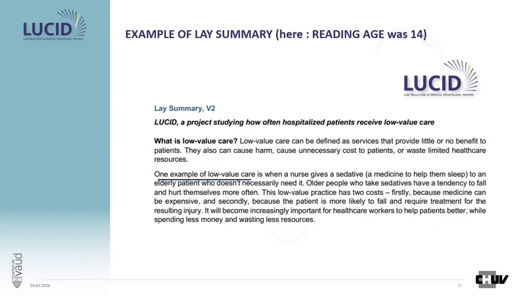I leave you to read some of the sentences, which are really easy to read and understand. A reading age of 14 means that somebody has maybe 6 or 8 years of school, which in most countries is already good. So I think a goal is not to be above this reading age of 14.